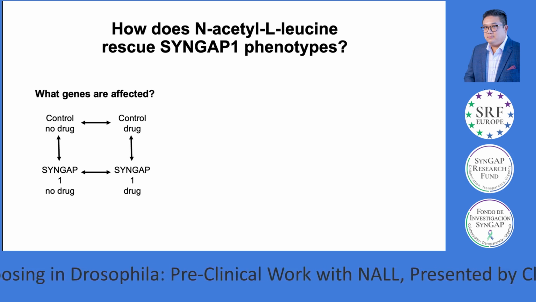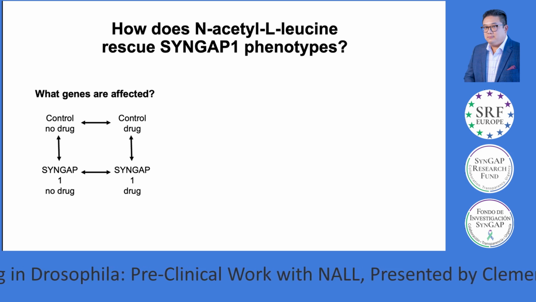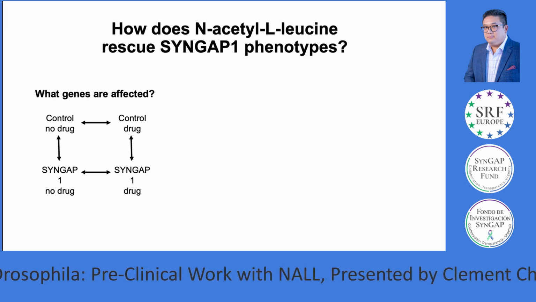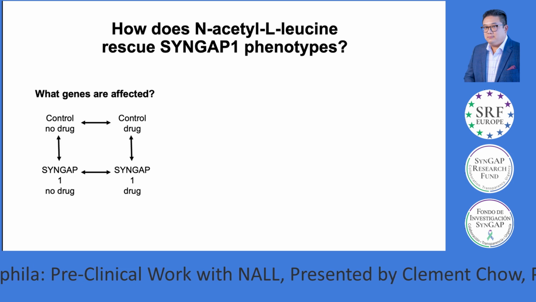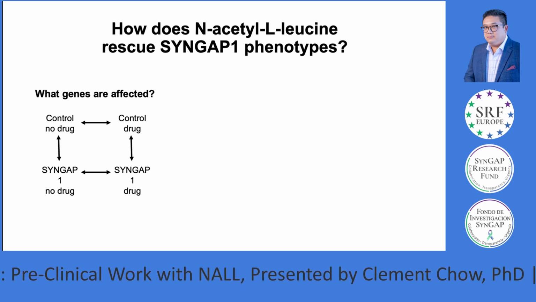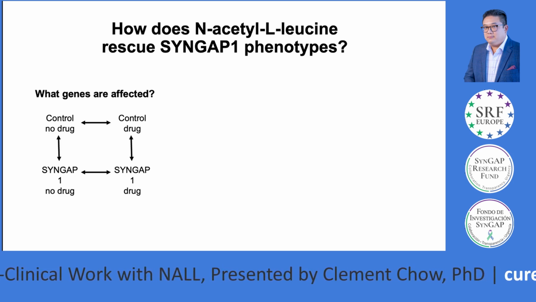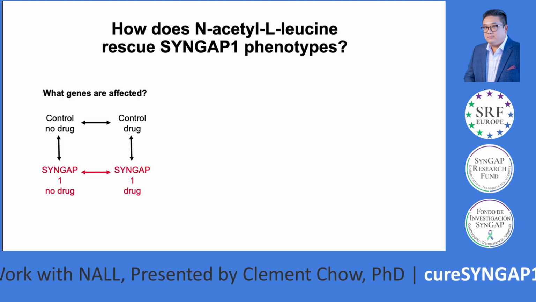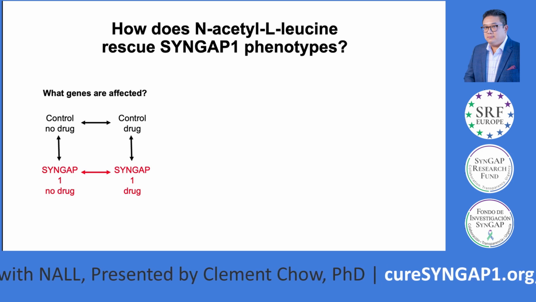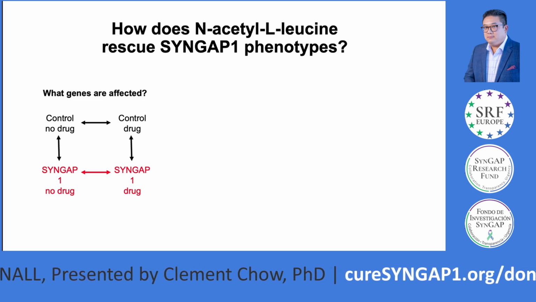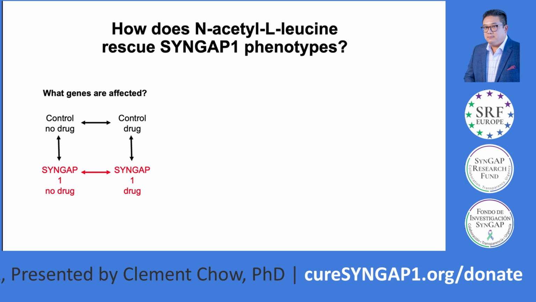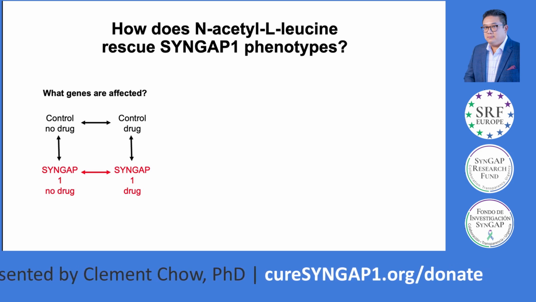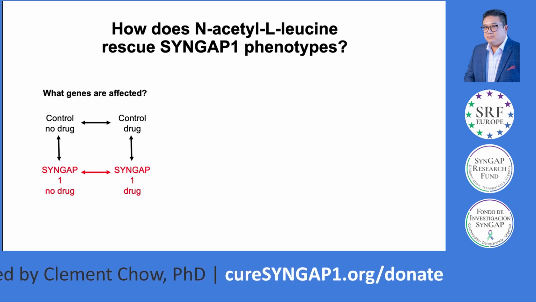And so we had this four group design where we have healthy flies with no drug, healthy flies with NALL, Syngap flies without drug, and Syngap with N-acetyl-L-leucine. And I'm just going to highlight this one particular comparison where we compared Syngap flies only with or without N-acetyl-L-leucine.